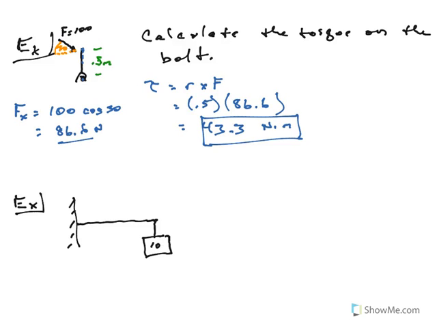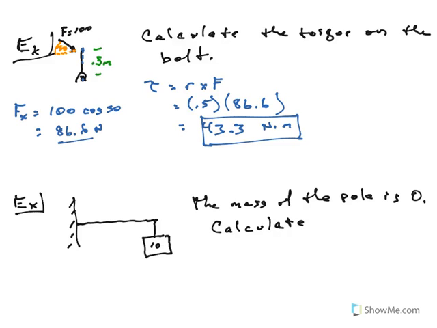Let's say for this problem the mass of the pole is 0, just to make it easier. For this problem, let's calculate the torque due to the sign.